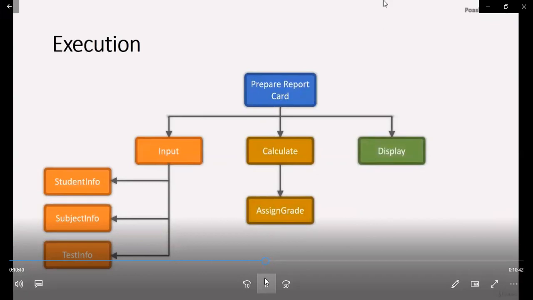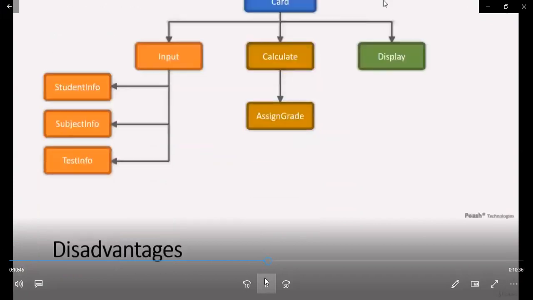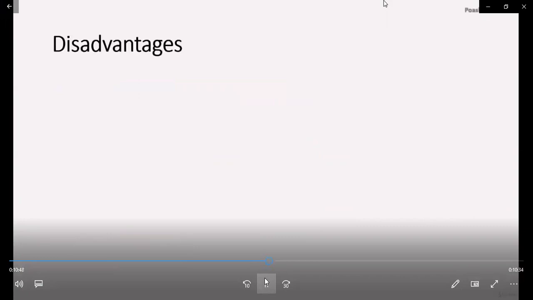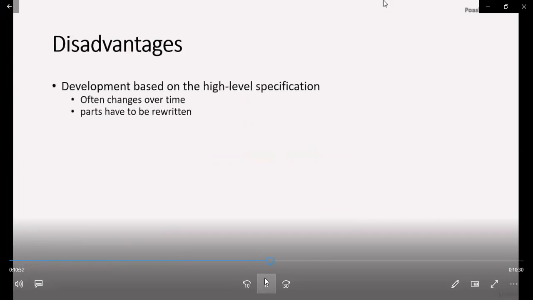The information about the test would be the semester, the kind of test, etc. And once all the data is available, the calculation will be performed. And finally, the grades will be assigned, and once the data is ready, that will be displayed to the users. So you can see this is just executing a series of steps.